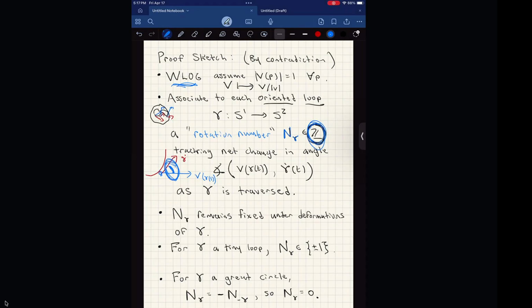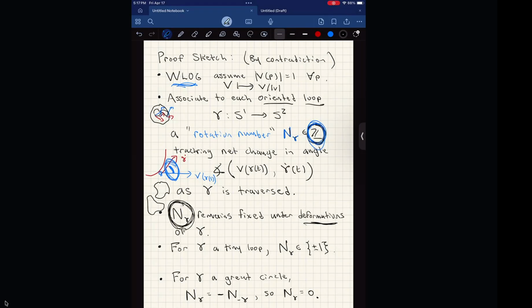So the salient features of this rotation angle: the first one is that with an appropriate notion of deformation of your curve, so if I have my curve on the sphere and I change it slightly to a nearby curve, this rotation number is going to remain fixed.